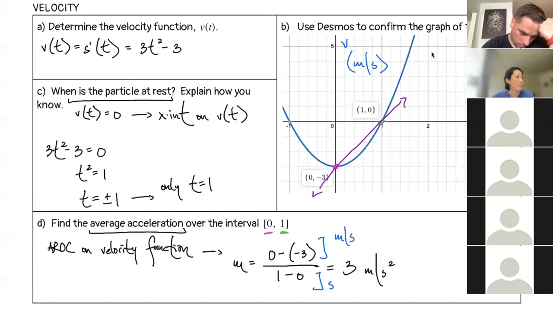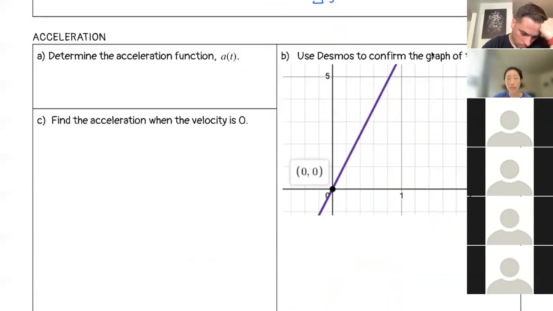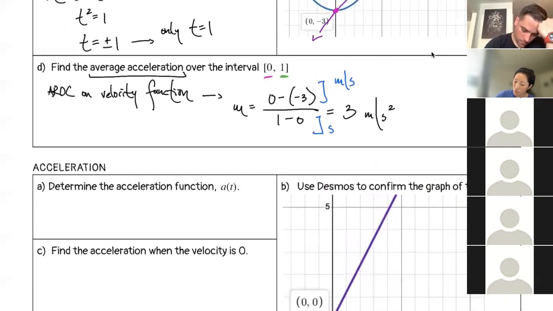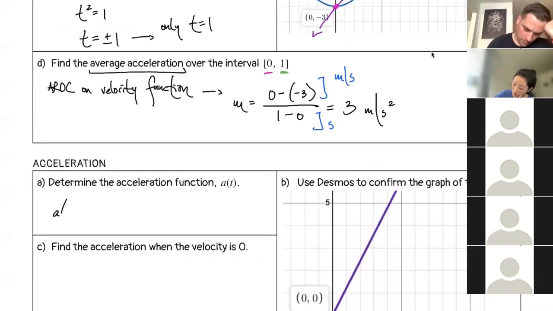All right, we're going to finish up this example here with the acceleration piece, and we'll call it a day. We can get our acceleration function by finding the first derivative of velocity.